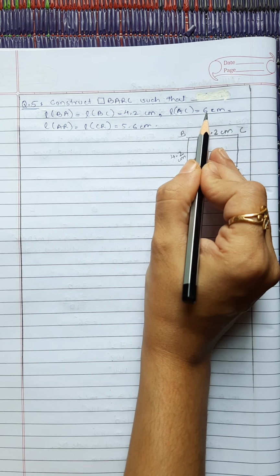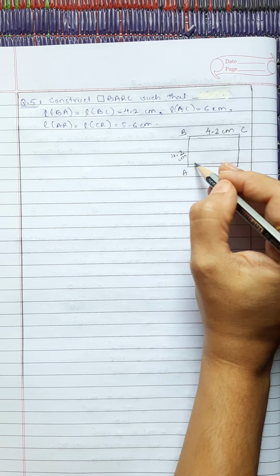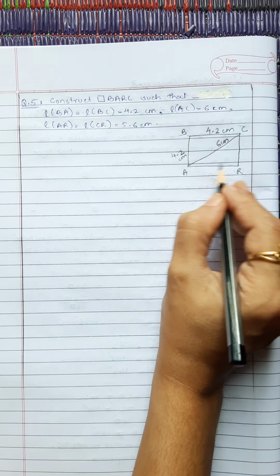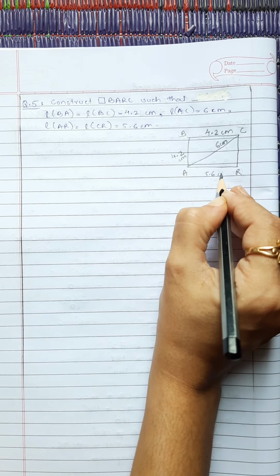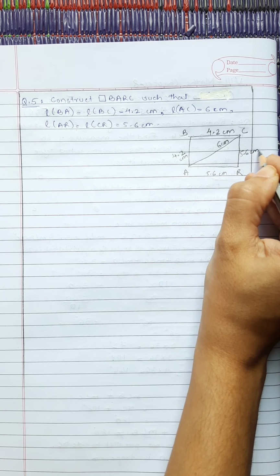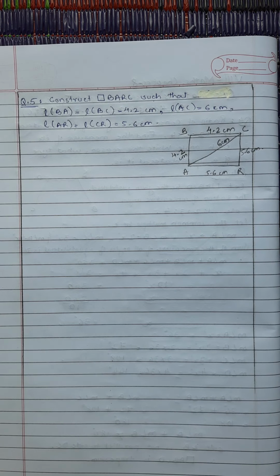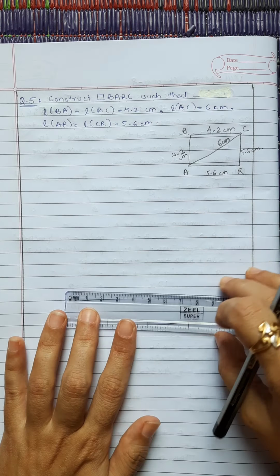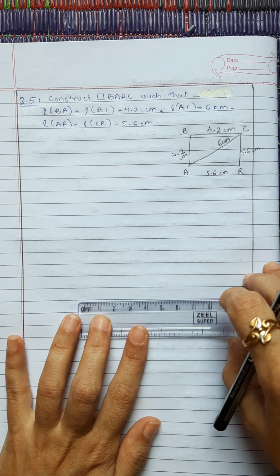Length of AC is 6 centimeters. AC is the diagonal, it will be 6 centimeters, and AR and CR will be equal, that is 5.6 centimeters. AR is 5.6 centimeters, CR is 5.6 centimeters. Okay, so let's start with the AR side, that is 5.6 centimeters.